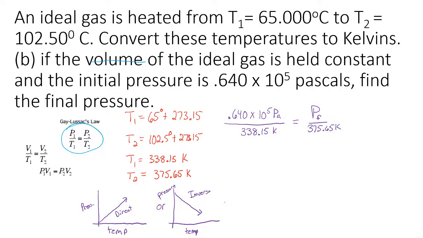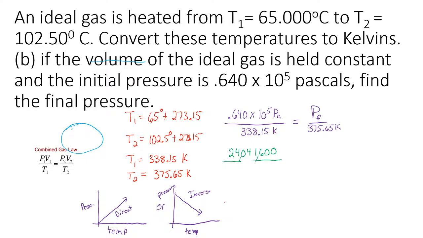So if I cross multiply the 375.65, we're going to get 24,041,600, and then we're going to divide by 338.15 to get our final pressure.